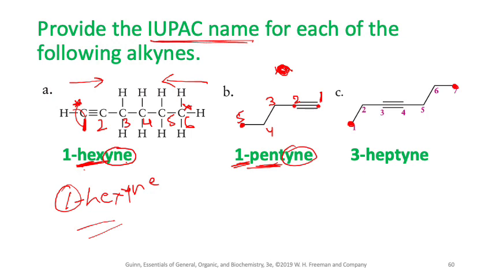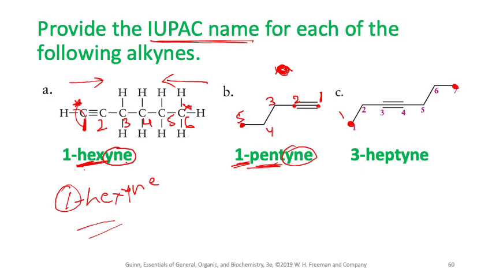If you start from here, 1 2 3, the triple bond is getting 3. If I had started on the other side, 1 2 3 4, now the triple bond would get the number 4, but we already get 3 from this side, so we have to start from left to right. This is the wrong way of counting, so I'm just clearing this up.